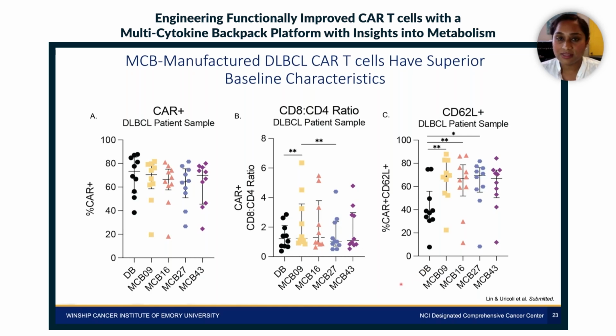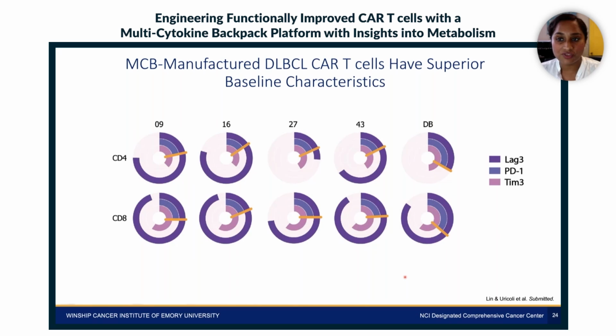And CD62L is a marker of memory and naive T cells, which is associated with superior clinical responses. Next, if we look at expression of triple exhaustive markers, we can see that compared to the Dynabeads, we have less triple expression of exhausted markers, indicating that these cells have superior baseline characteristics.